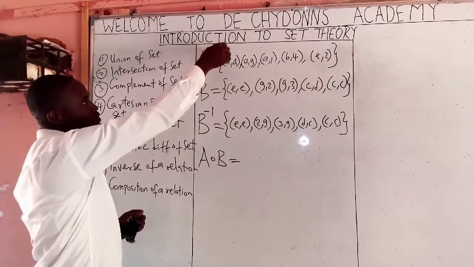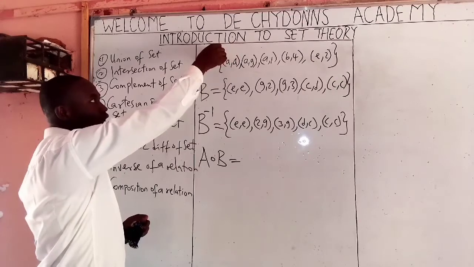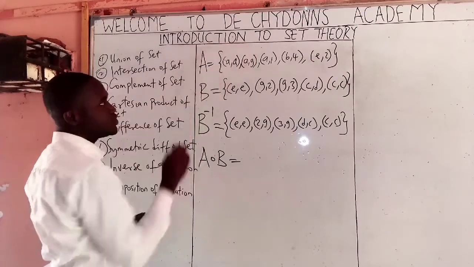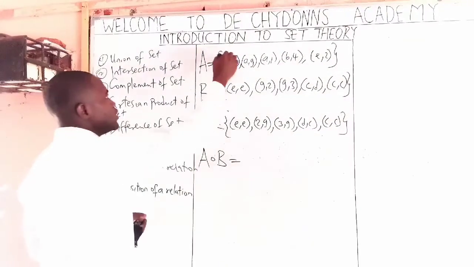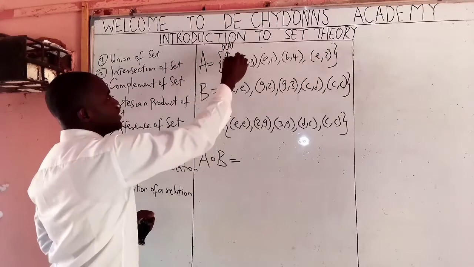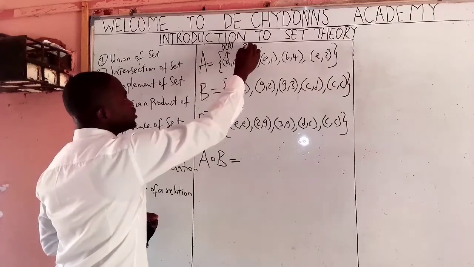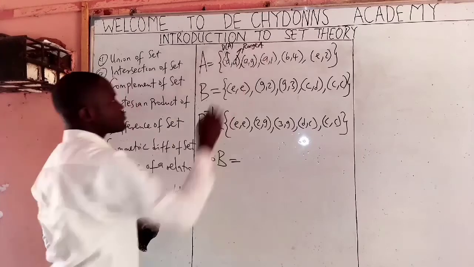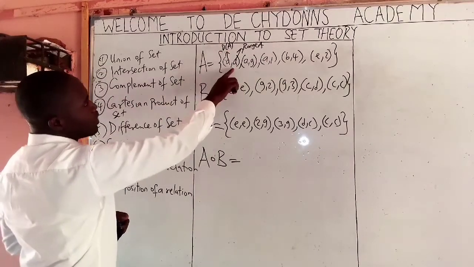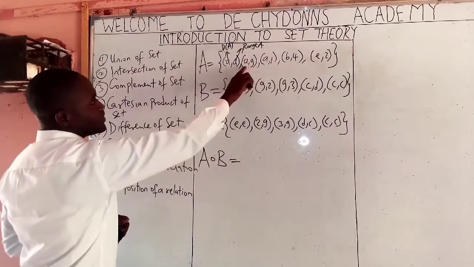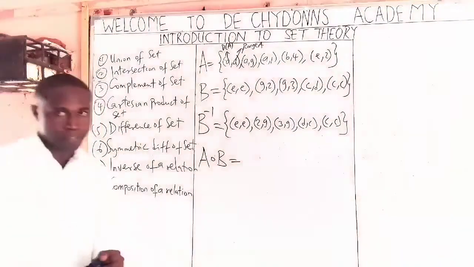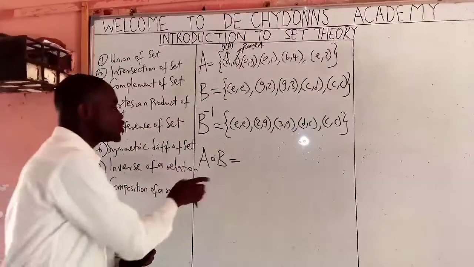This is the first coordinate, second coordinate, that is the domain, that is the range. This is domain A, and this is range A. The first element, domain A, the second element, range A. Now, how do you get the composition of this relation?